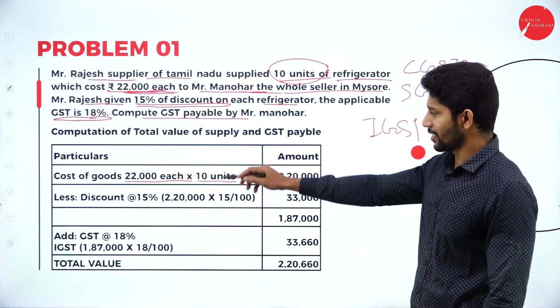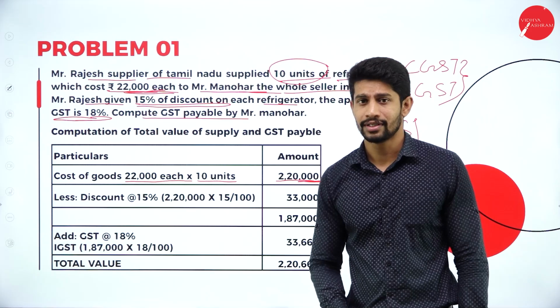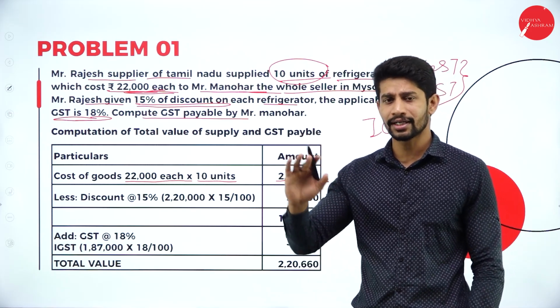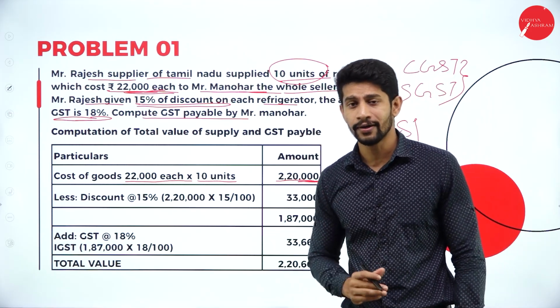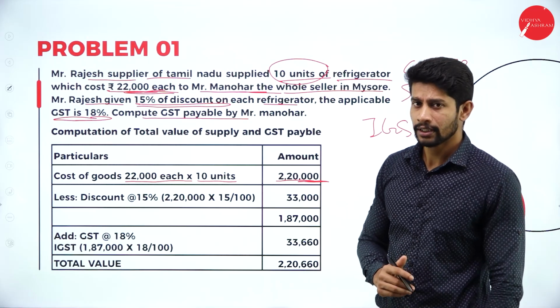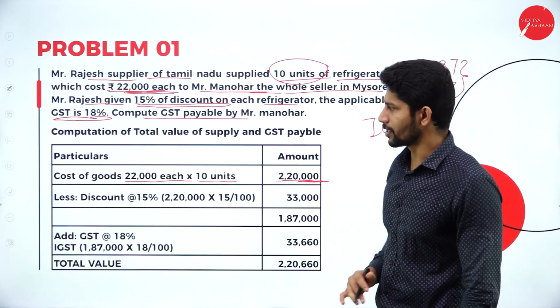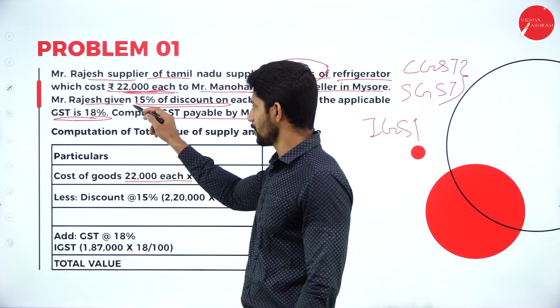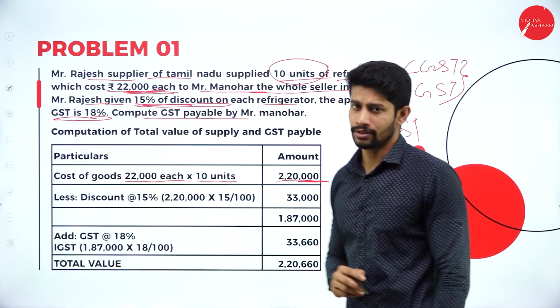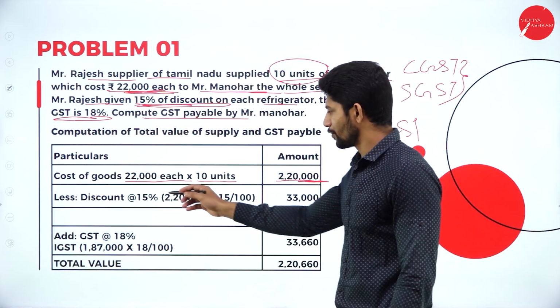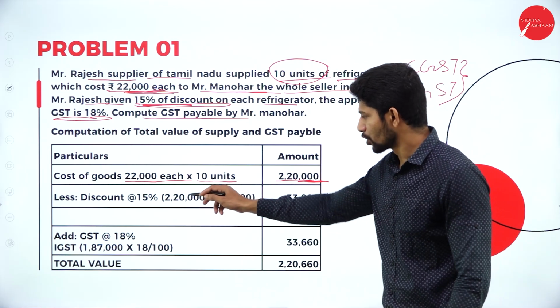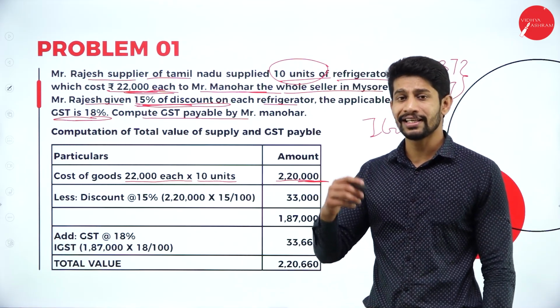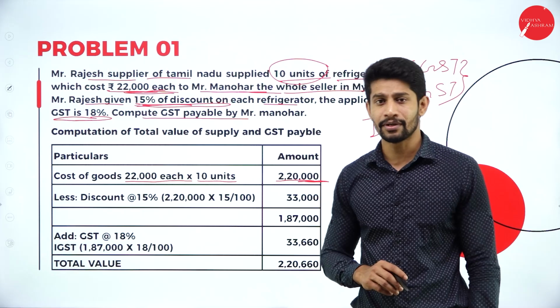Next, less discount. See, if discount is given, we will deduct the discount. If discount is not given, then we will not worry about the discount. So in this problem, discount is given by Mr. Rajesh. What is the percentage of discount? It is 15%. So directly give 15% on 2,20,000, because on each refrigerator he is giving 15%.